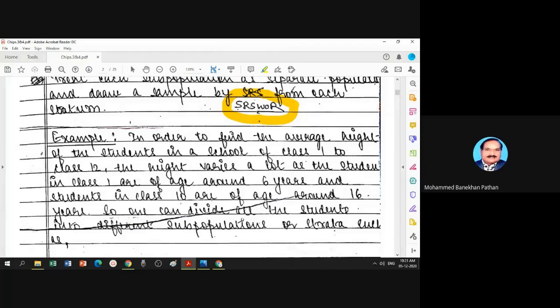So you are not studying a new topic, you are studying again what I taught in the previous chapter. But to apply it, at the initial stage, you have to classify the heterogeneous population into homogeneous strata, and then you go by the same methods. For every stratum, apply simple random sampling without replacement and get the sample.